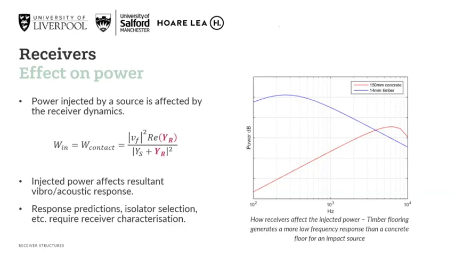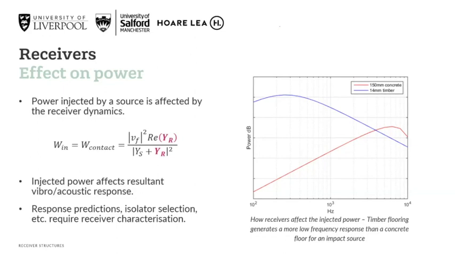Also, if you wanted to know what kind of isolator you may need to isolate a source on an existing plant slab, you may want to know what the source structure is doing, but you also want to know what the receiver structure is doing to make an appropriate selection of whatever mitigation you want to use.